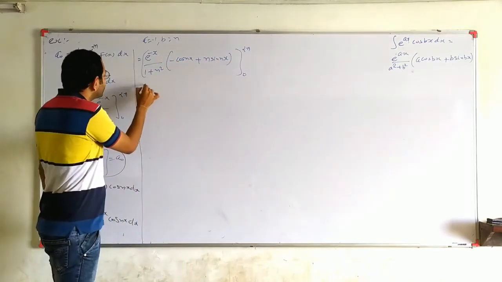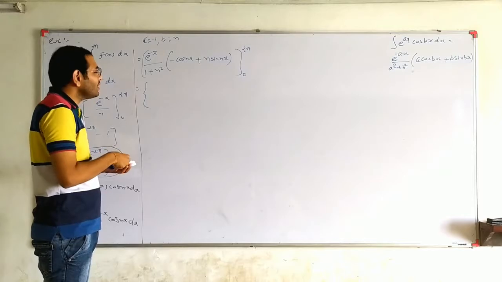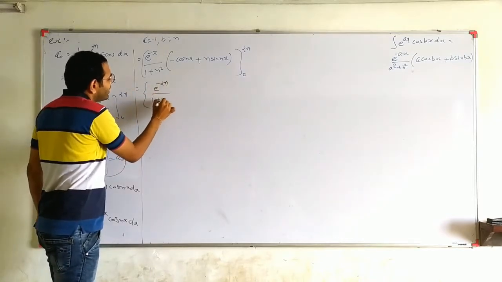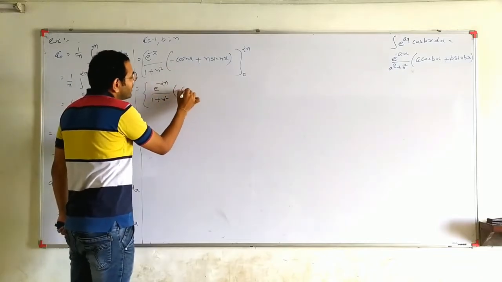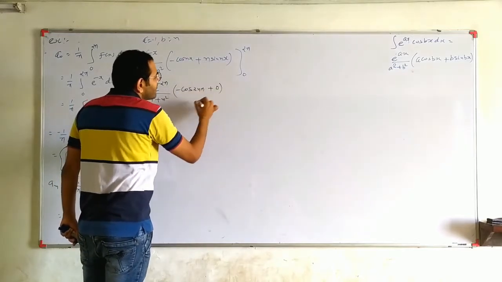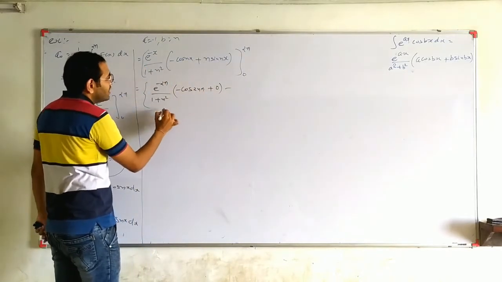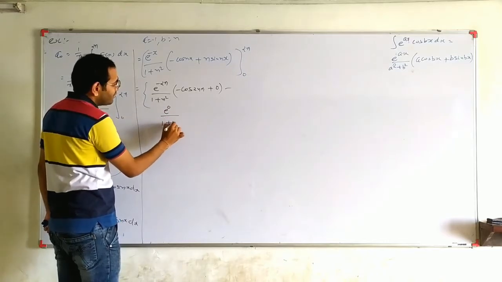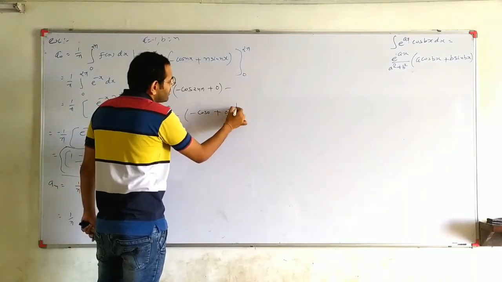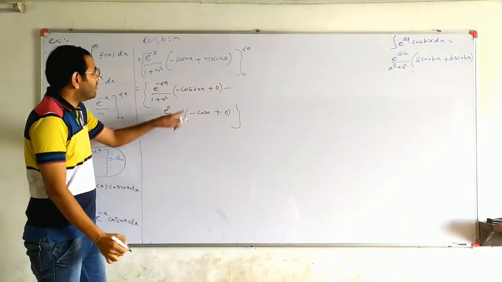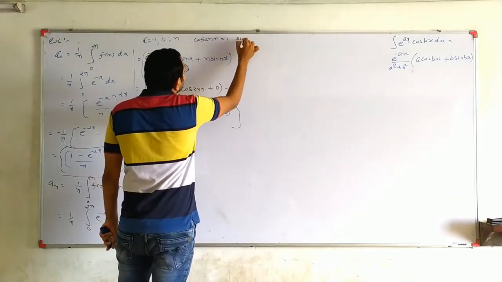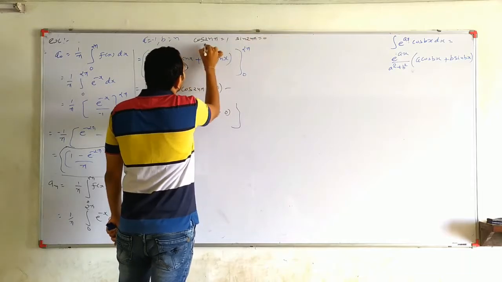Then upper limit minus lower limit. Upper limit, that is 2 pi, gives e raised to minus 2 pi upon 1 plus n square, times cos 2n pi plus sin 2n pi, minus e raised to 0 upon 1 plus n square, times cos 0 plus sin 0. Here sin 0 is 0, and 0 into anything is 0. The value of cos 2n pi is 1 and sin 2n pi is 0.